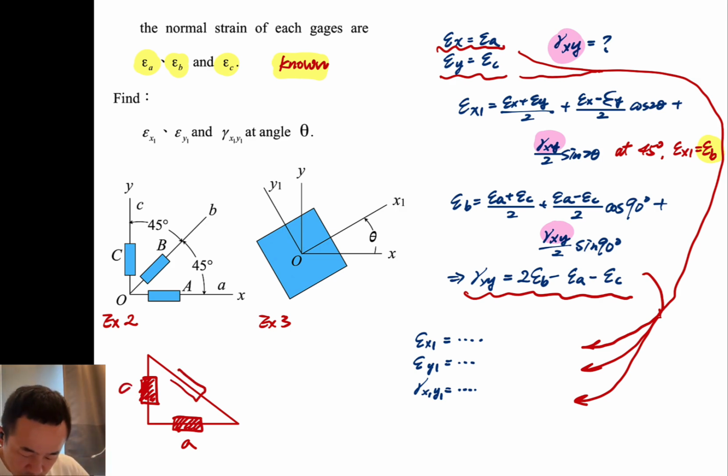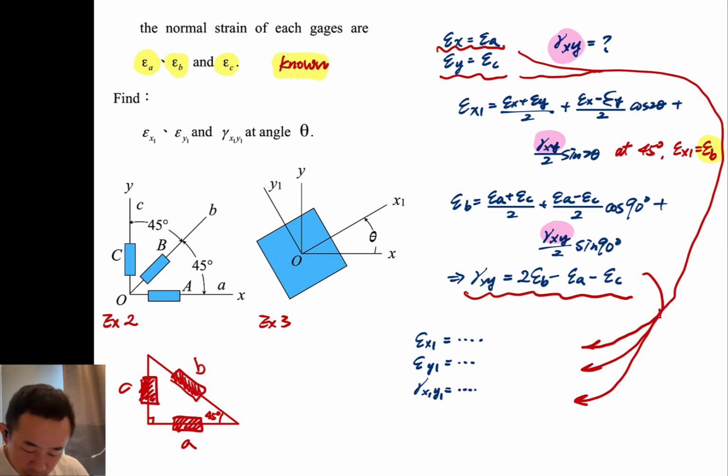Your B here, and this is a 45 degree. 45 degree. Okay, so how can we do that? How can we do that?